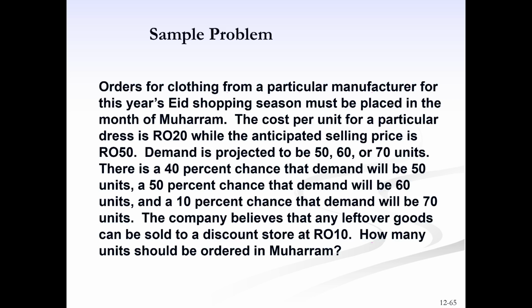We can decide about what to do. So if we know the demand is going to be 50, 60 or 70 units, then our alternatives can also be, we can make 50 units, 60 units or 70 units, and that is the only trick in this problem. The rest is easy. Let's see the next slide to see how it is solved.